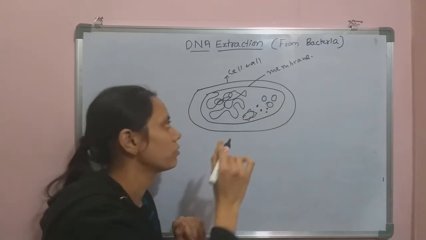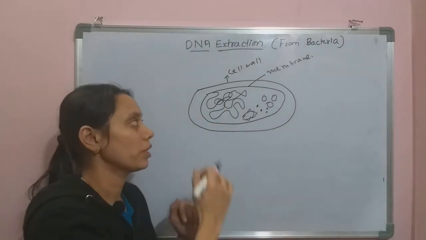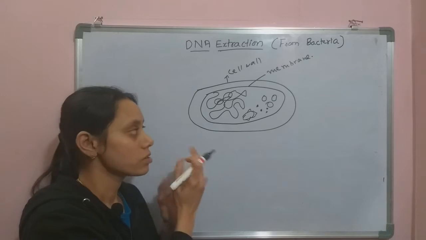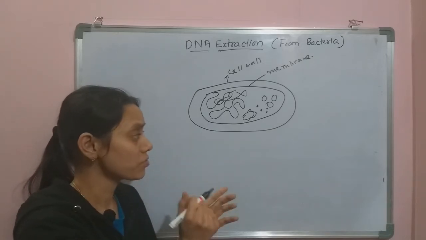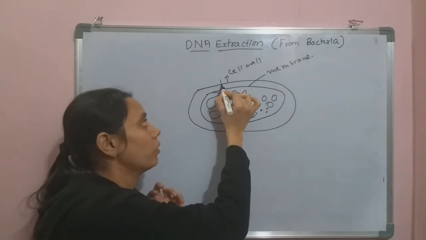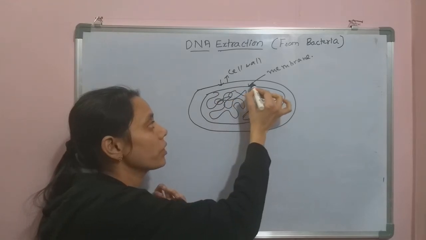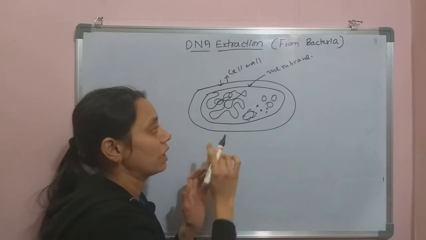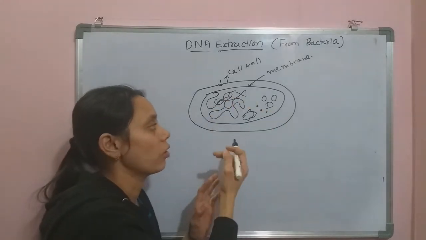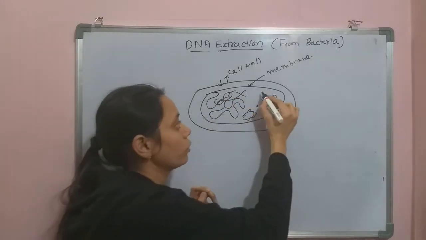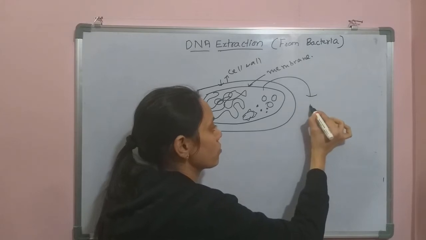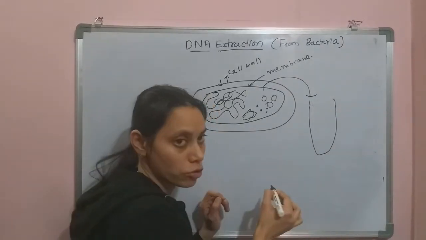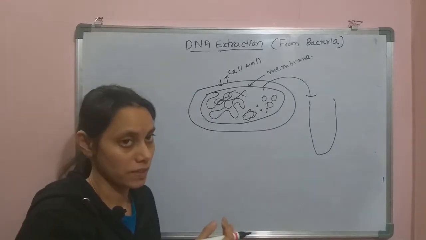Here in this method we are going to isolate this genomic DNA from all these cell components, so first we need to break the cell wall and disrupt the cell membrane, so that the genomic DNA, along with all these cell components, will come out into the solution. Let us consider this as a reaction tube in which all these reactions are taking place.